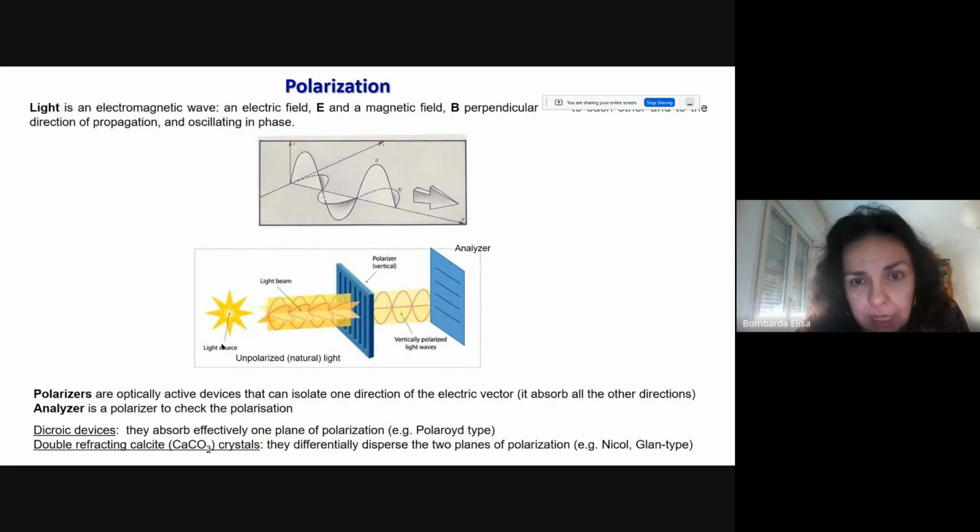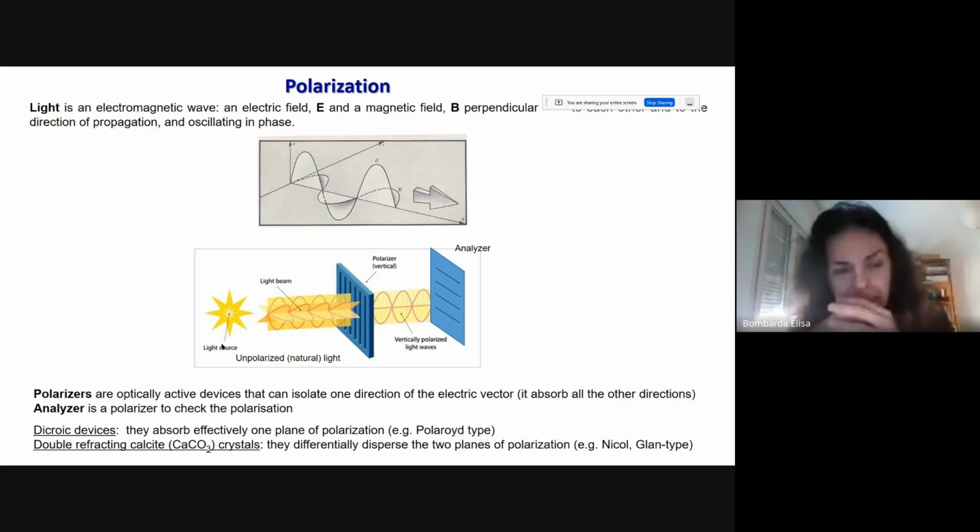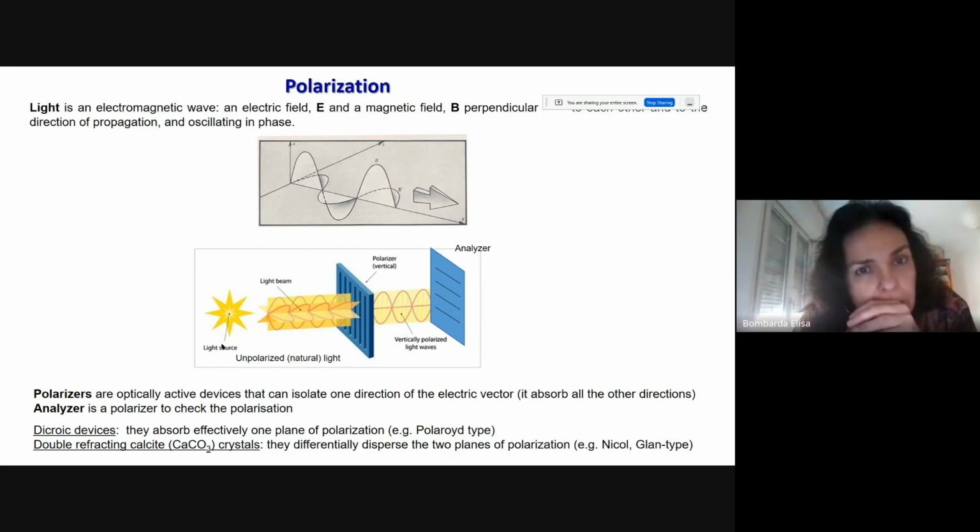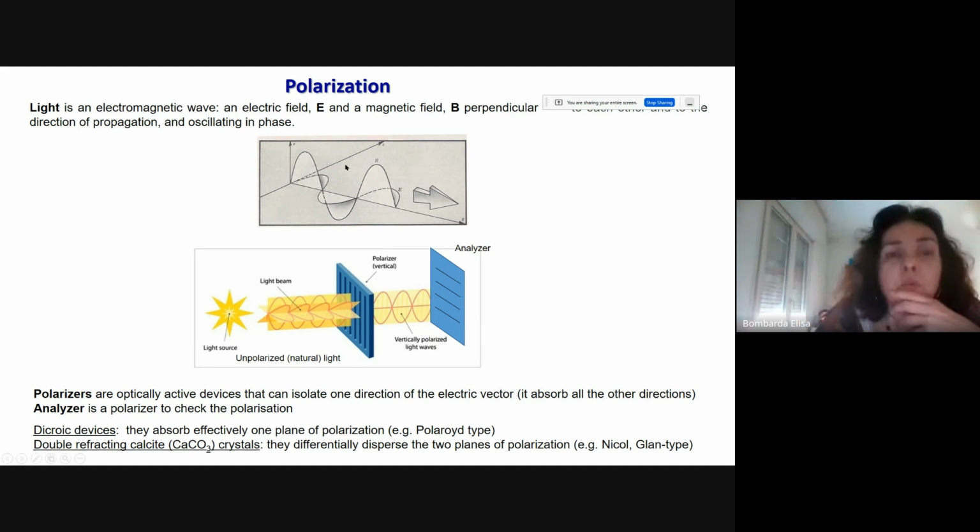Okay, so now let's start with another important topic, which is polarization, and which will bring us to define fluorescence anisotropy. Okay, light is an electromagnetic wave.